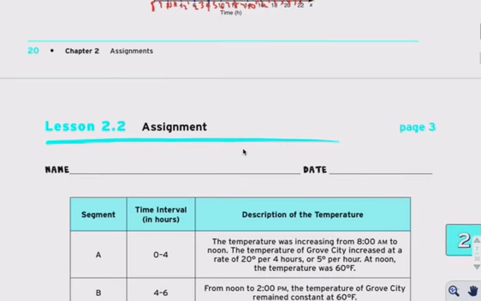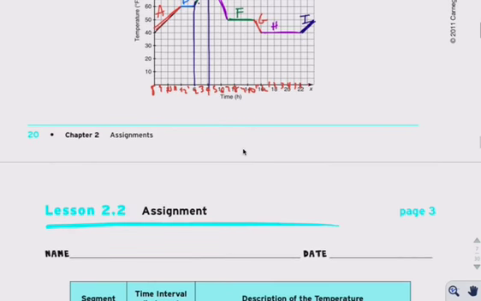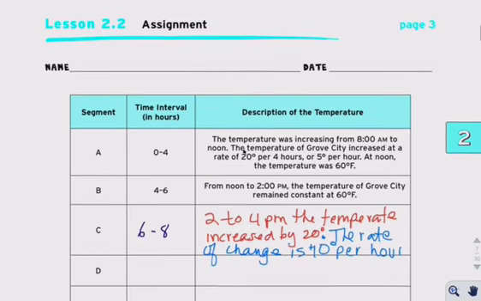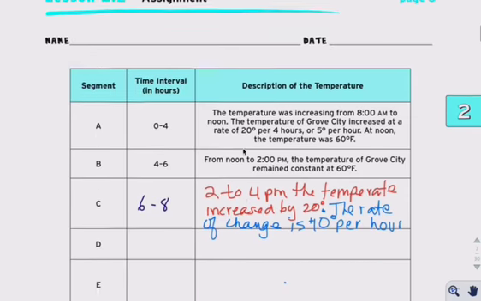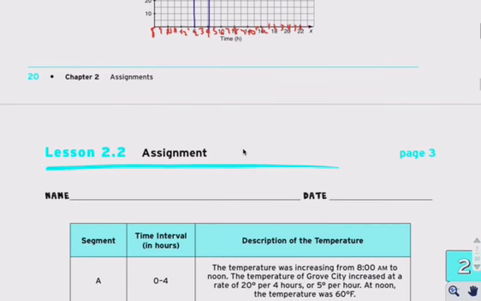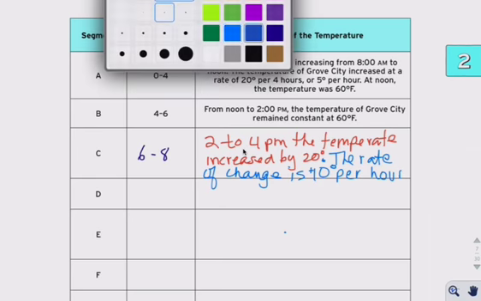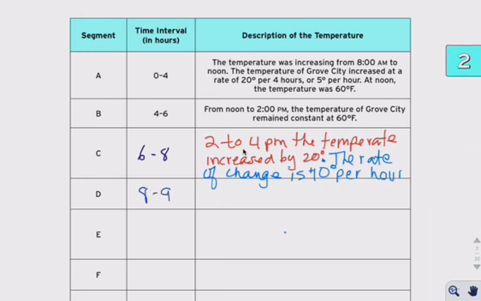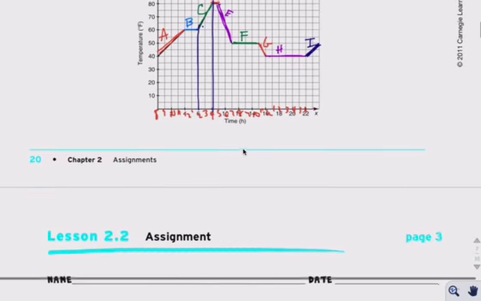It's between 8 and 9, which is 4 to 5 p.m. The temperature remains constant, the same at 80 degrees.